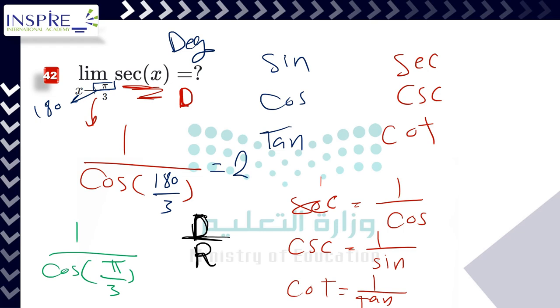Okay, it will change from degrees to radians. Right now, you will write 1 over cosine pi over 3. Your calculator will recognize it in radians, and you will find the same answer to be 2. Okay, I suggest that you replace it with 180 and use the same system as your calculator, which is degrees. This is my advice for you.